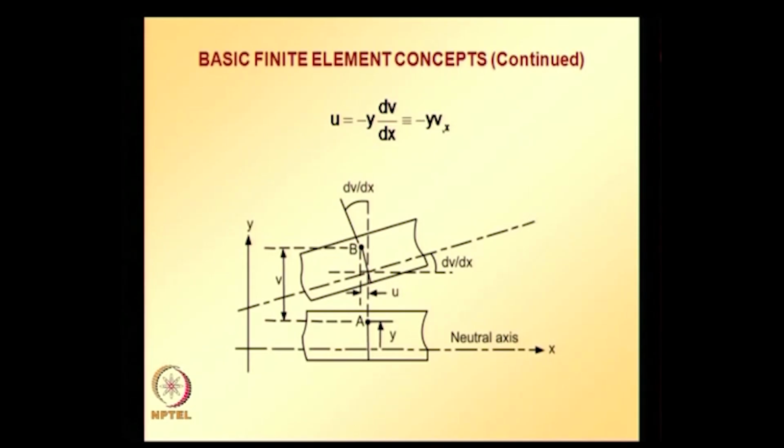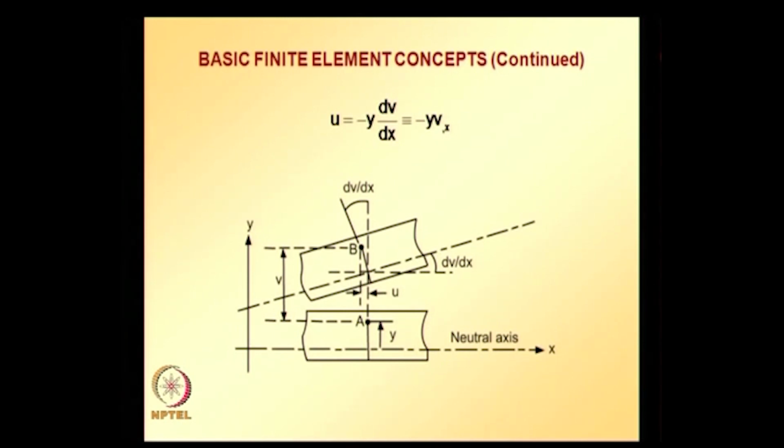Here two displacement components are shown, u and v. u is in the x direction, v is in the y direction. Assuming u to be positive in the positive x direction, the point A, because of the application of load and this bending deformation, has moved in the negative x direction.